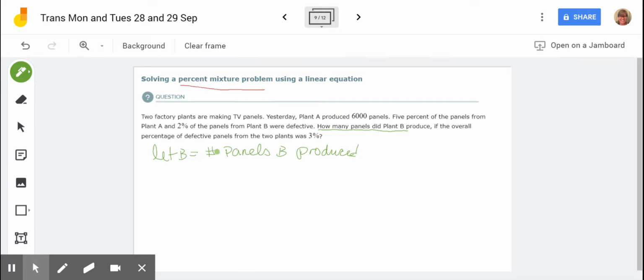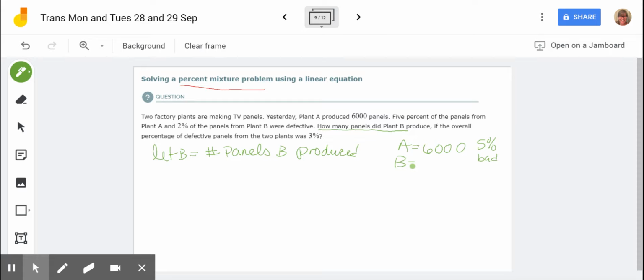And a lot of times with these, we just need to talk it through. So here we go. 2 factory plants are making TV panels. Okay, so they're comparing factories, or they're using them together. We'll see. Plant A produced 6,000 panels. So we got A is equal to 6,000. B, oh wait, and 5% were bad, defective.